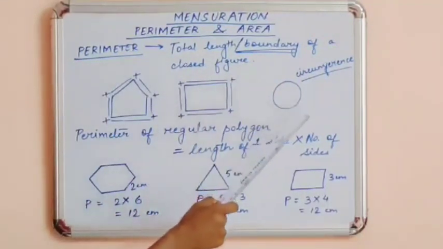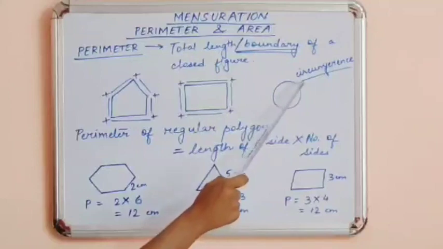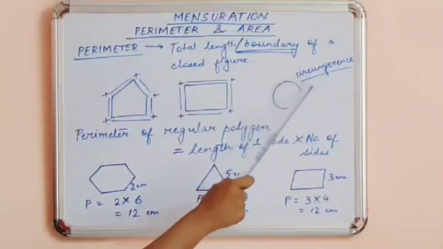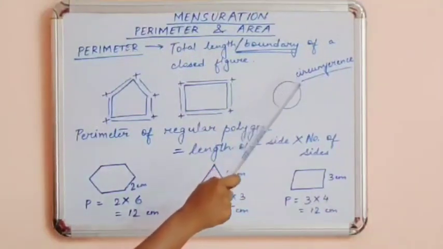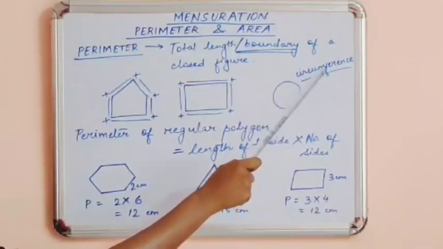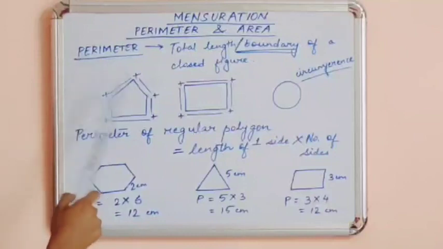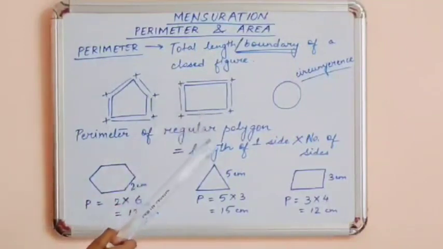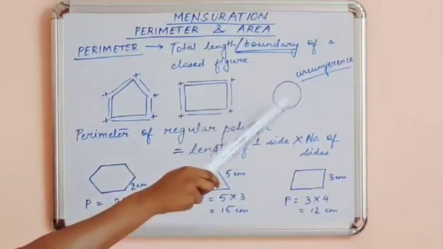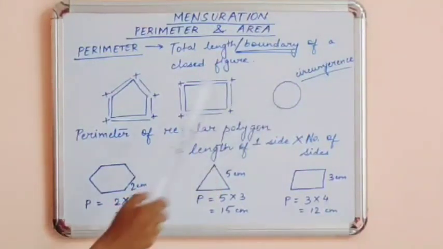Same is the case for a circle. This circular boundary of a circle is also known as circumference, and circumference is the other name for perimeter. We have a formula for calculating the circumference of the circle. We'll be discussing it later.